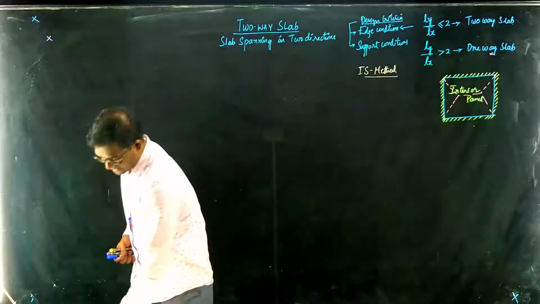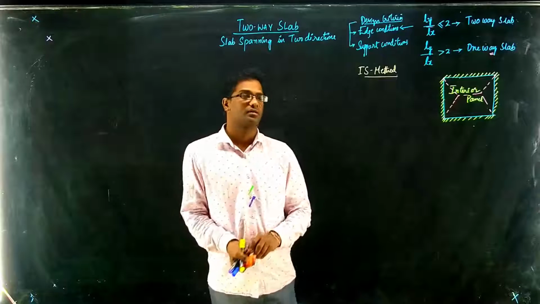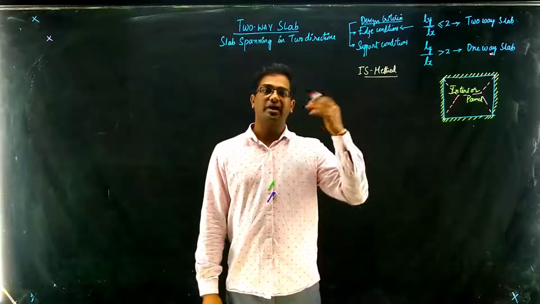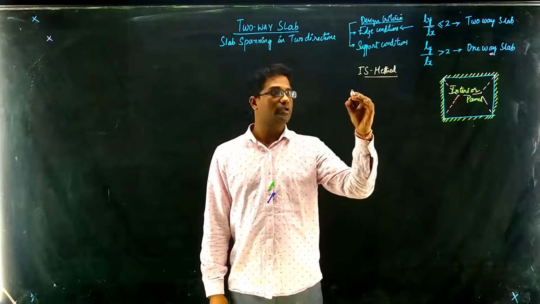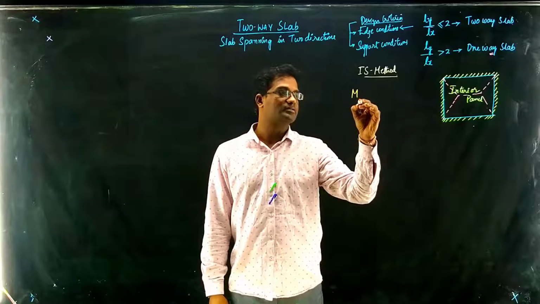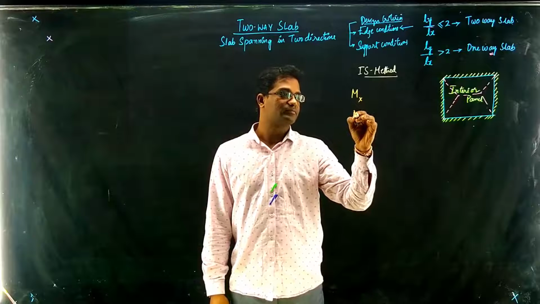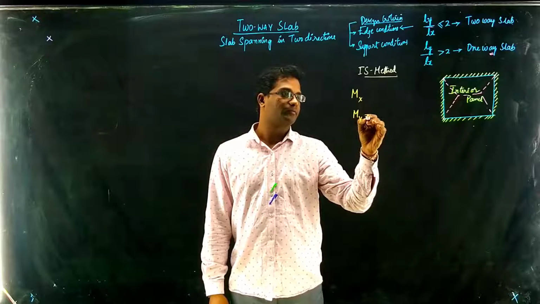Now, what this annexure says is, when a slab is spanning in two directions, you need to calculate two bending moments, that is Mx and My.